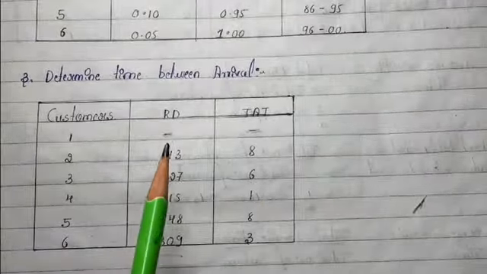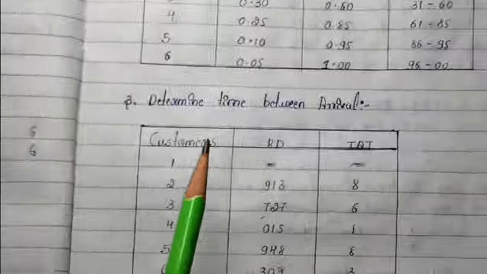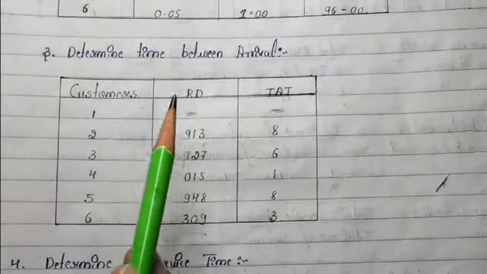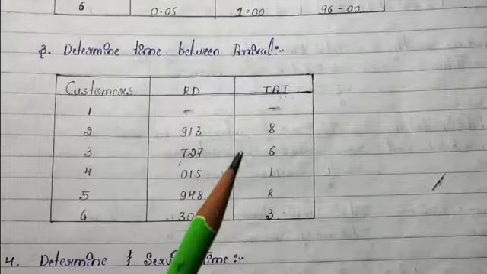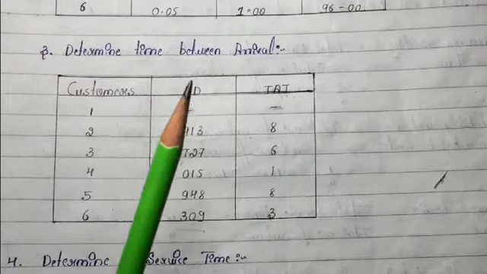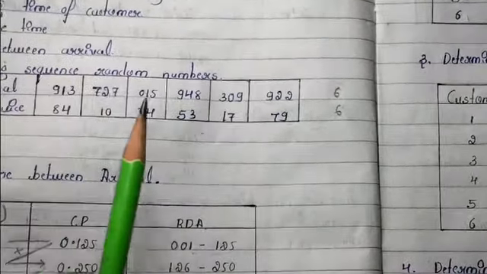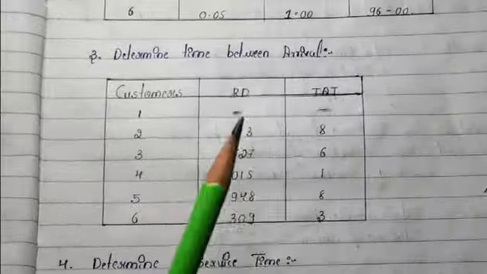We are excluding the last value because the first value of the random digit should always be considered as 0 for the arrival, so we are excluding the last value and writing the other values here.